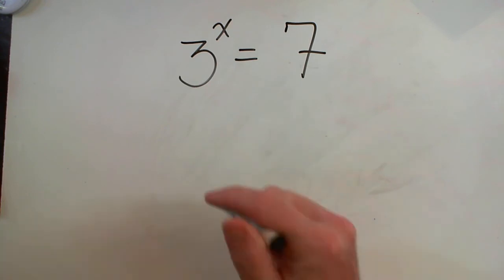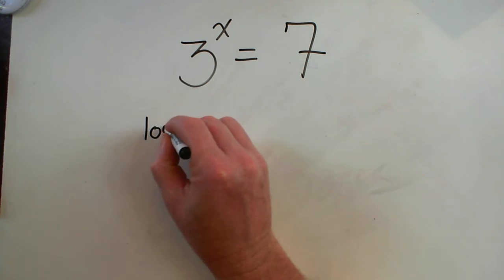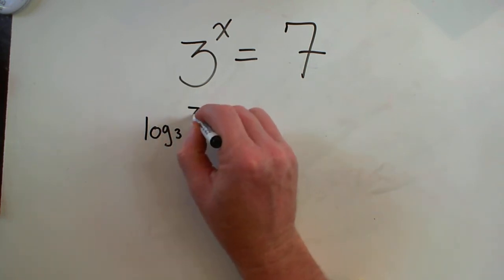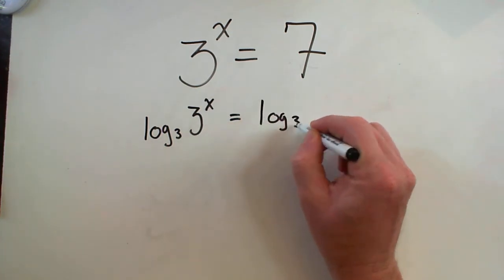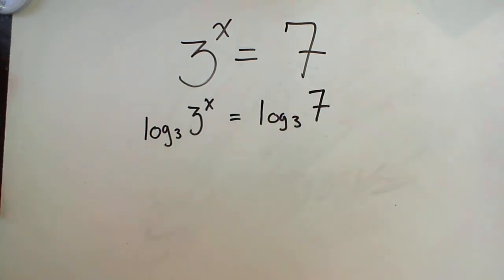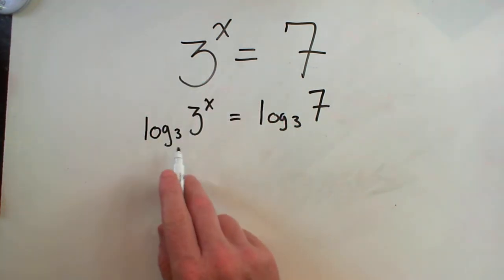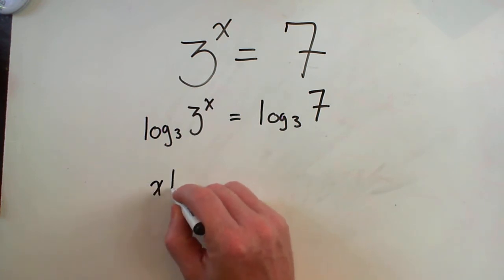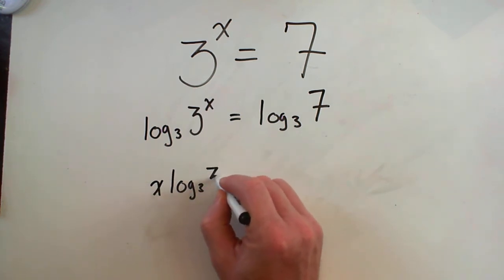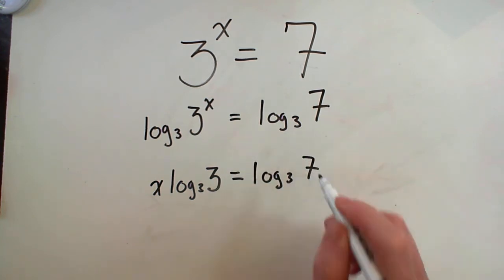If I take the logarithm with a base of 3 of both sides, I get log base 3 of 3 to the x equals log base 3 of 7. Using my rule of logarithms that says I can swing an exponent down and make it into a coefficient, this side becomes x log base 3 of 3 equals log base 3 of 7.